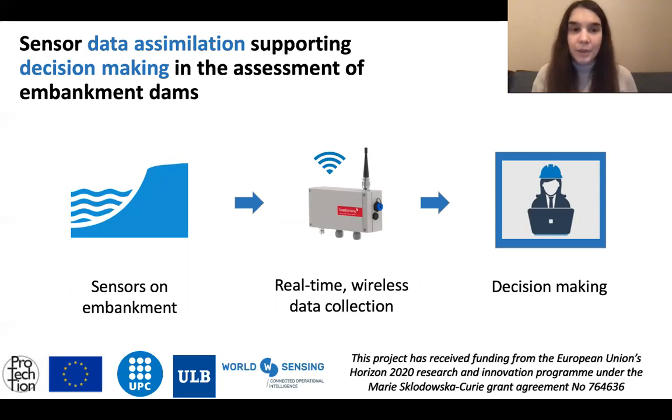Another interesting aspect of my work is this part about data assimilation. So as I said, in order to create these models, we need to use all of our understanding on the physics of the problem. However, sometimes it is difficult to know with certainty some parts of the actual state of the dam. So how can we even create an accurate model of the dam?